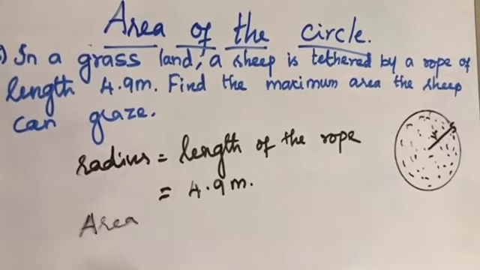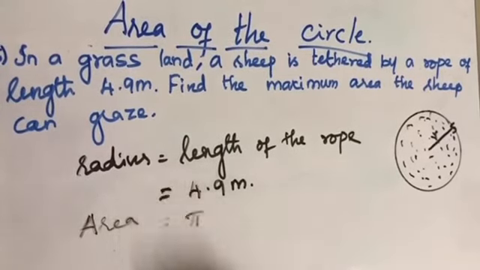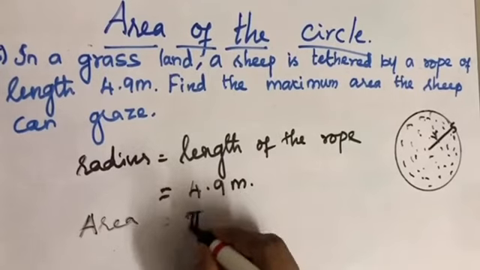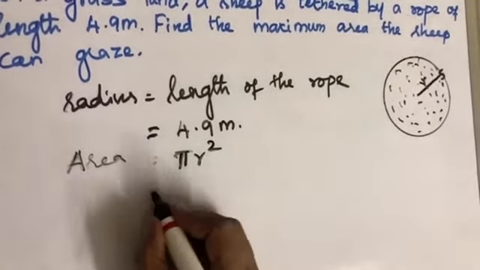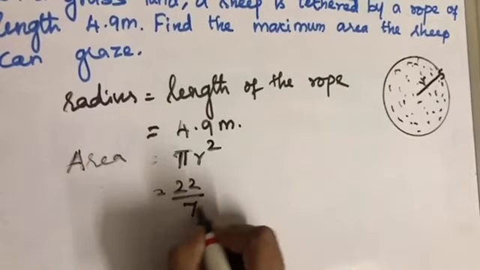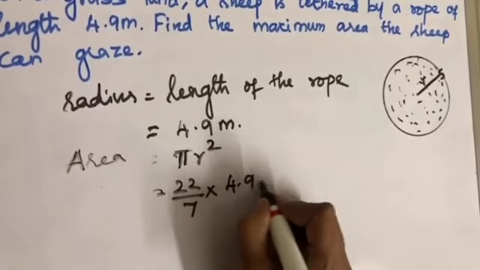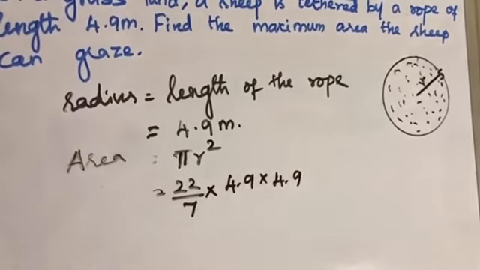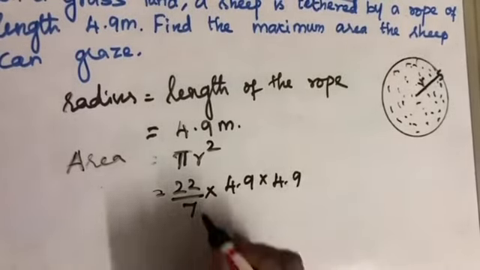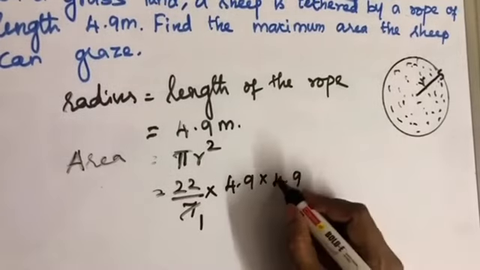What is the formula to calculate the area? Pi r square. So pi is 22 by 7 into r is 4.9, again 4.9 r square. So 4.9 into 4.9. Okay, so 1 7 is 7.